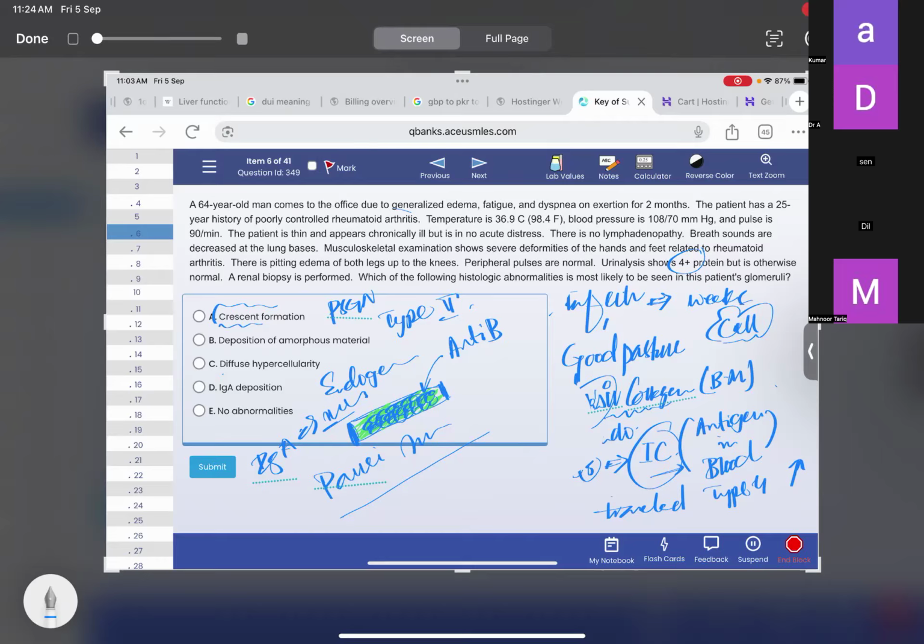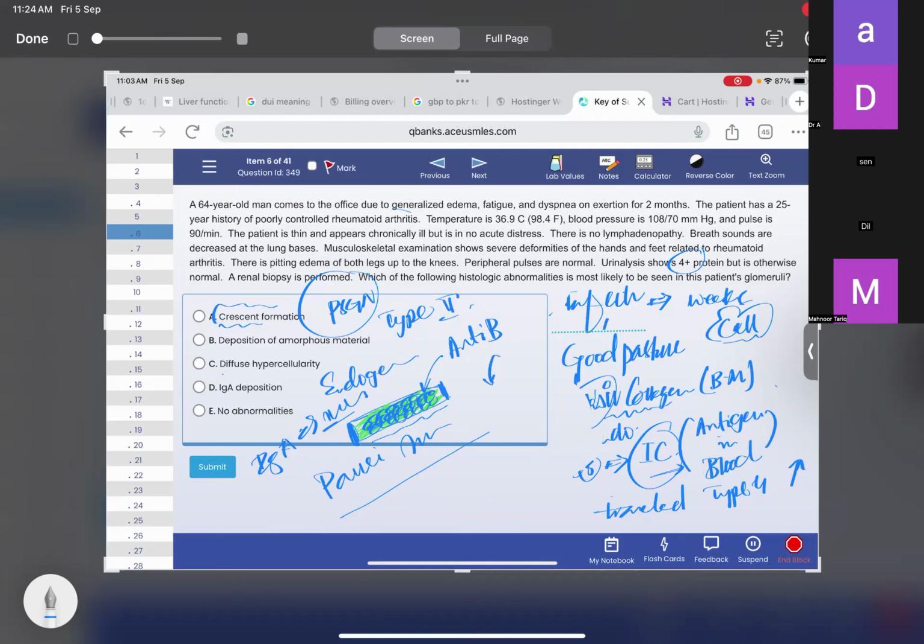And post-streptococcal is what type? Type 3 also, right? Yes, so some books write it as type 2 and then changed to type 3. How is type 2 occurring?